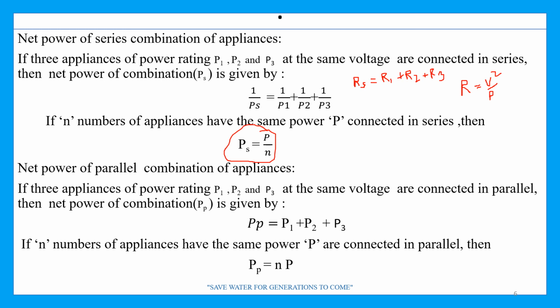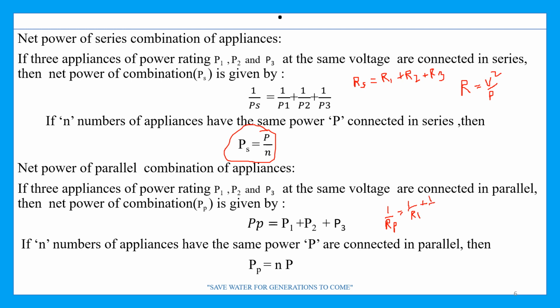Again, using the formula for resistors in parallel, 1 upon Rp equals 1 upon R1 plus 1 upon R2 plus 1 upon R3.